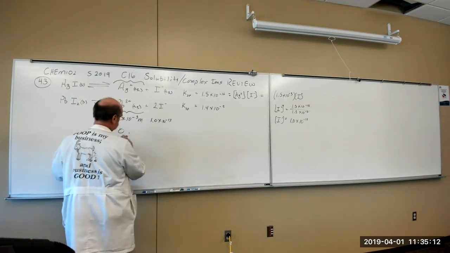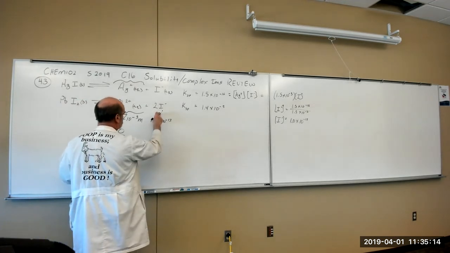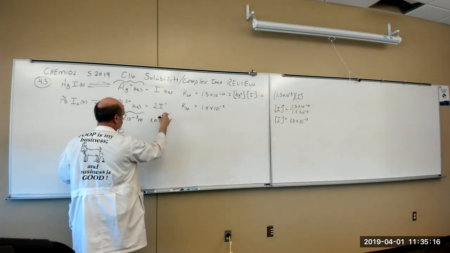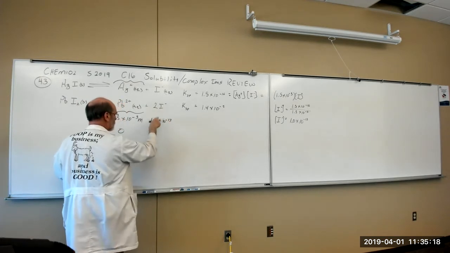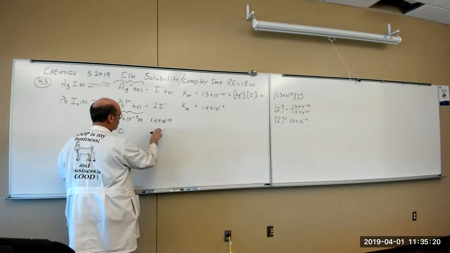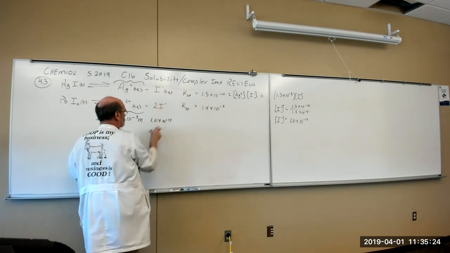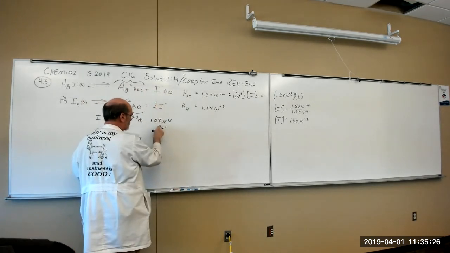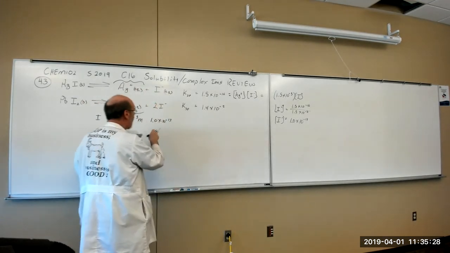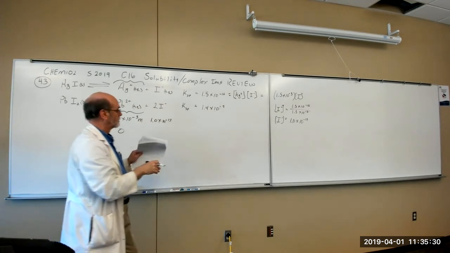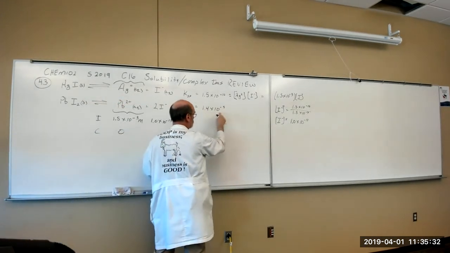But how much of this do we have to add to make it happen? Because this is our starting point now. We've used all of that up. We're starting here. But we still have to add some more iodide because of this value right here.